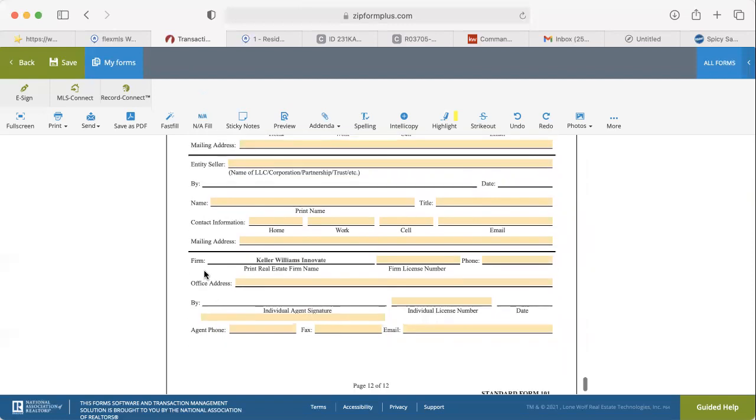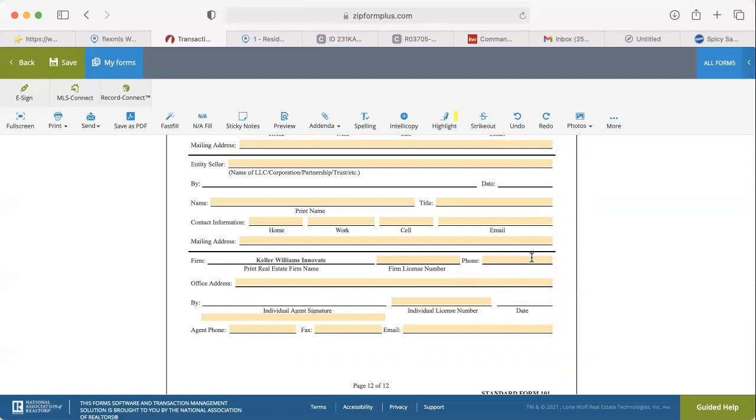And then down here is our information. So the name of the firm, license number. And by the way, our firm license number is C as in cat 26008. C 26008.